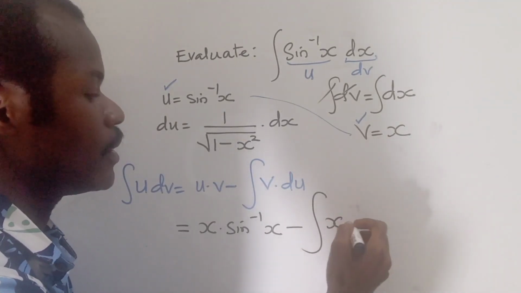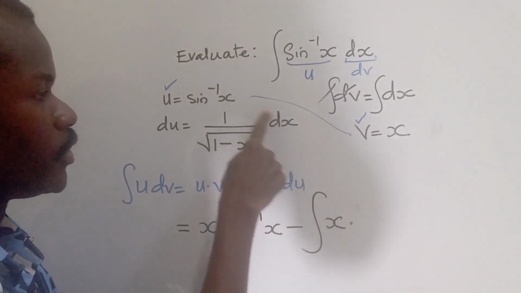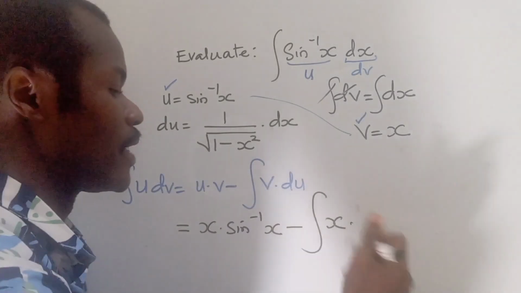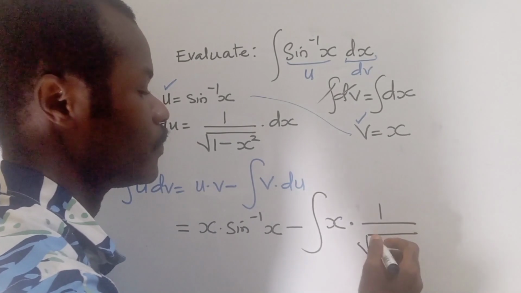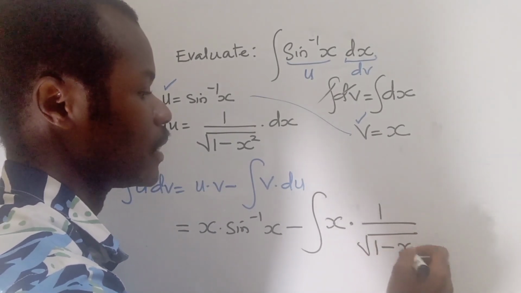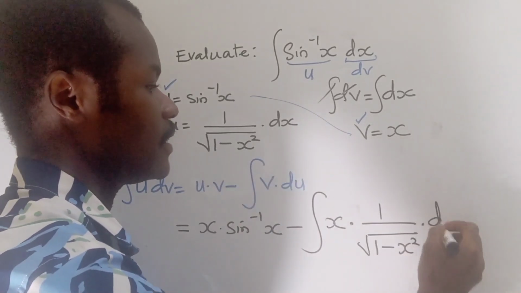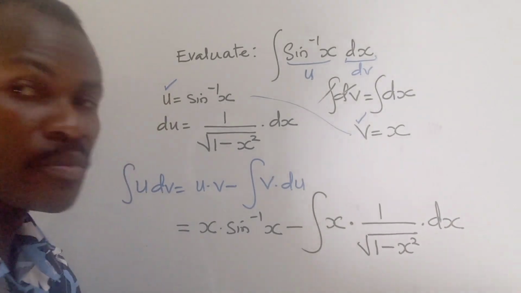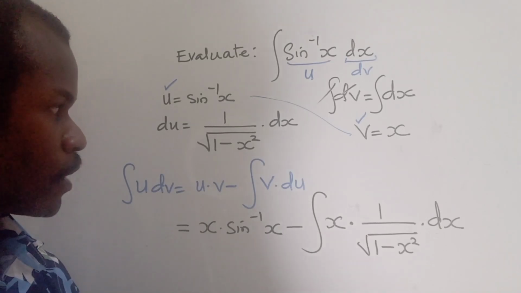So x multiplies, now what is our du? Our du is all this. So we have x multiplying 1 over the square root of 1 minus x squared, multiplied by dx. Now that we have this, it is much simpler.